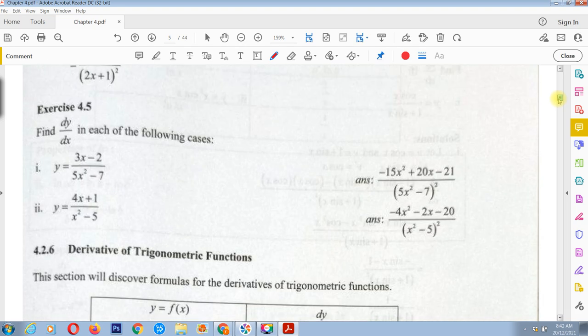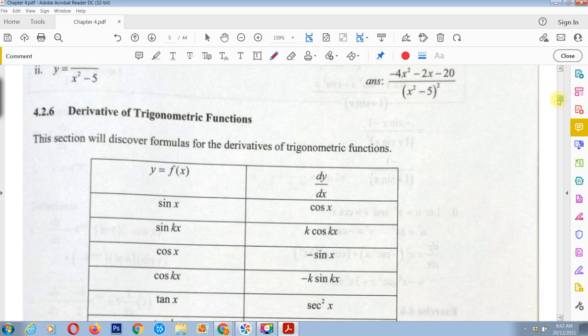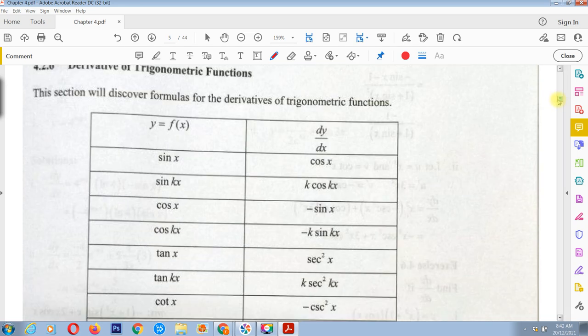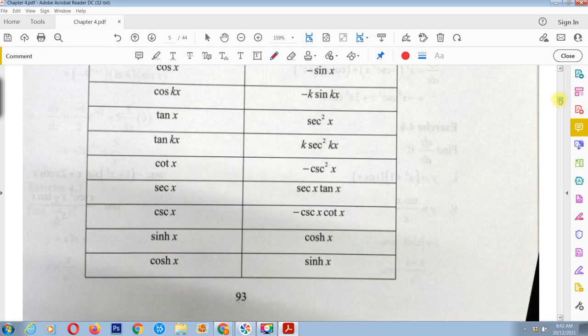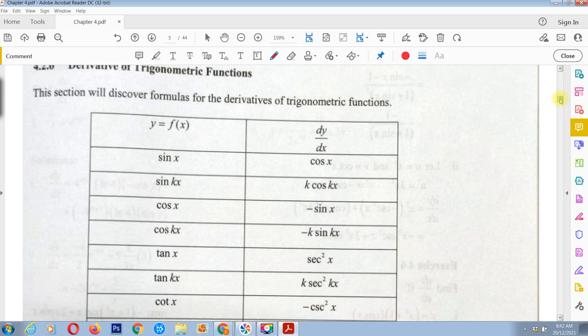Okay, so now we have differentiation of trigonometric functions. Actually already covered on your YouTube, right? So the most important thing you need to know is, if you differentiate sine, we get cos. You just remember this only.